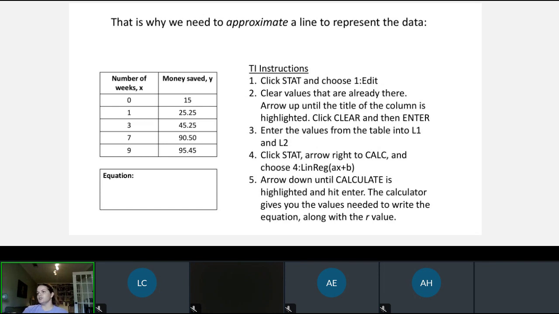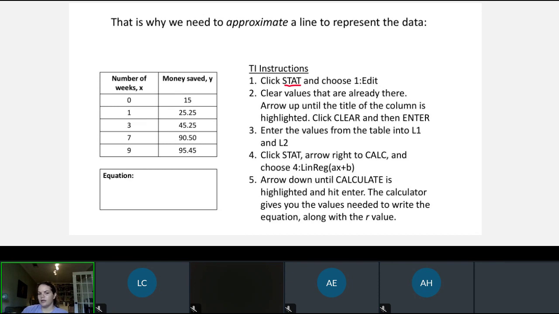All right, so what you're going to do is click on the Stat button on your calculator, and click Enter where it says Edit. If you have some numbers that are already there, go ahead and arrow up to where it says L1 and L2.